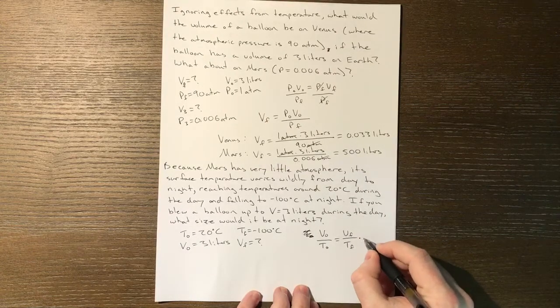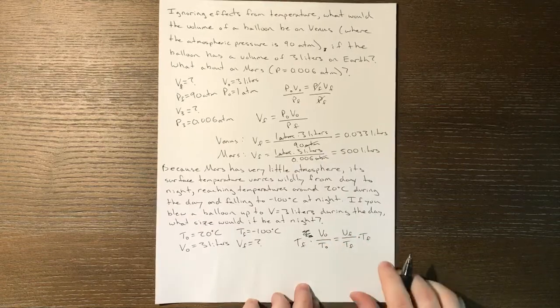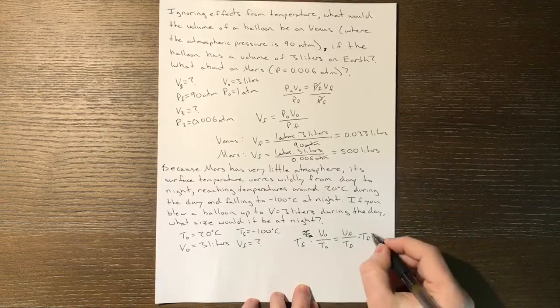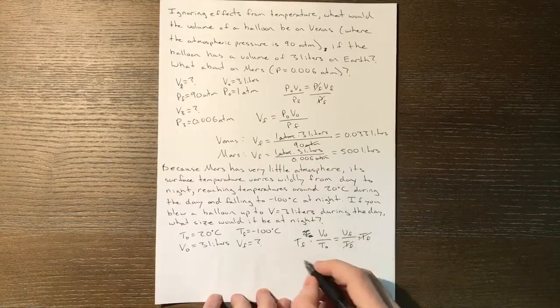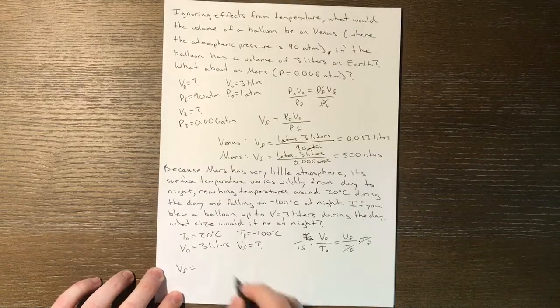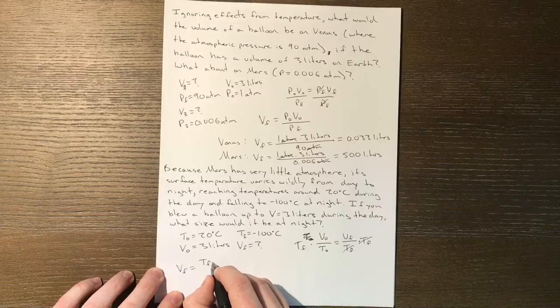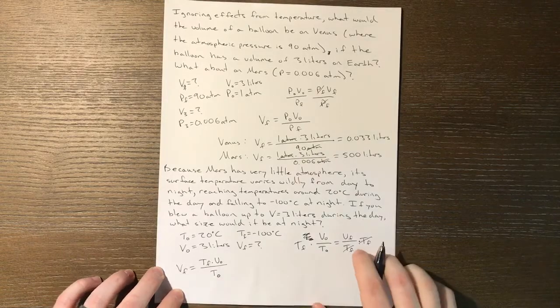To get that, we need to multiply both sides by T final. Multiplying by T final cancels on that side, and our final equation is V final equals T final times V initial all over T initial.